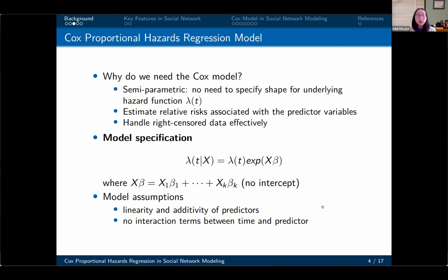The model assumes linearity and additivity of predictors, and it assumes no interaction terms between time and predictor. So the effects of predictor variables are assumed to be constant across time.